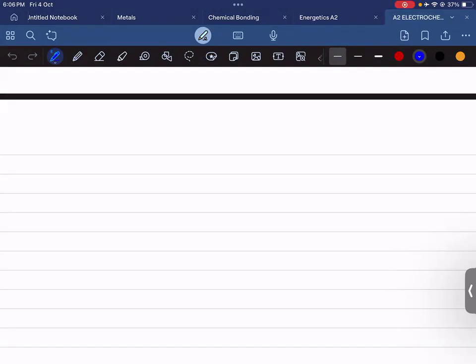I told you this equation: Pb2+ plus 2 electrons forms Pb. Then I gave you the current, then I gave you the time, and I asked you to calculate the mass.